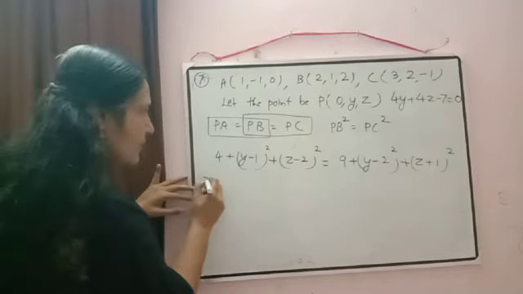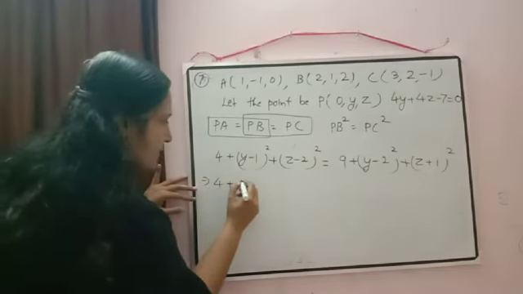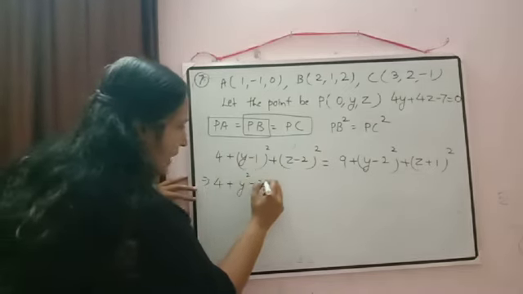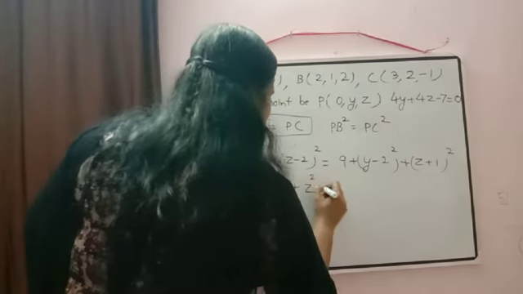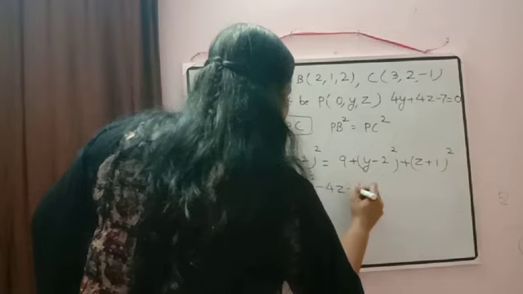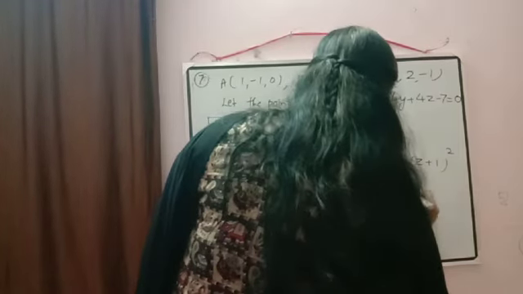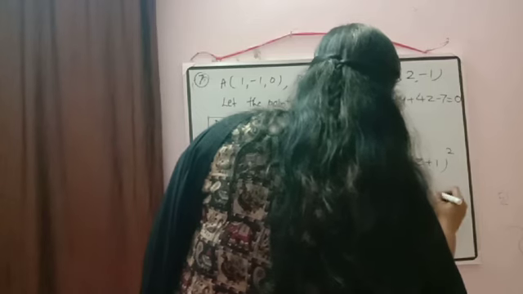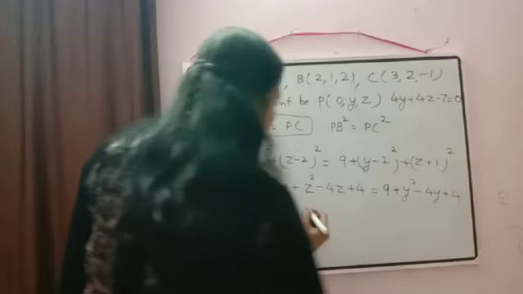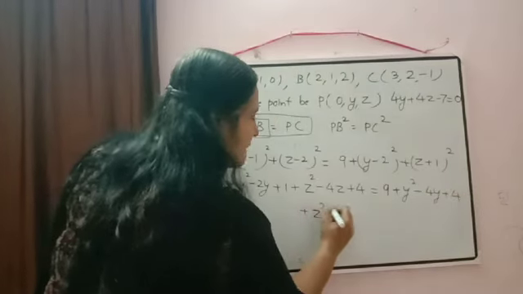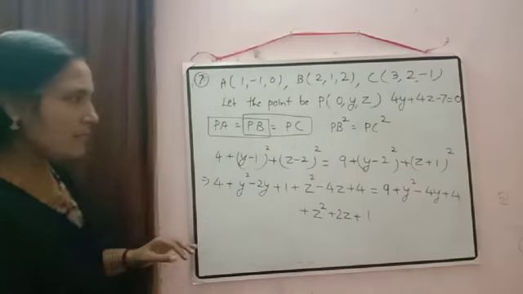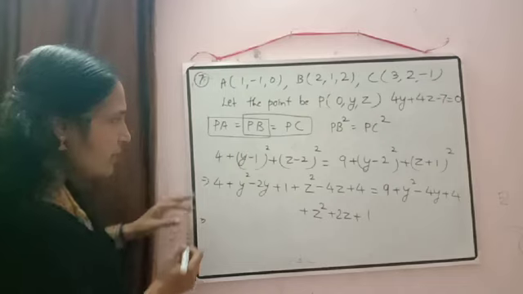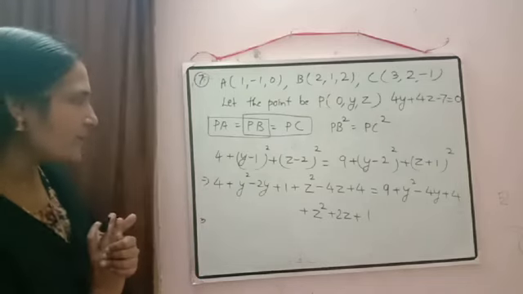Now we can simplify it. 4 plus y square minus 2y plus 1 plus z square minus 4z plus 4 is equal to 9 plus y square minus 4y plus 4 plus z square plus 2z plus 1. Now we can shift all the expressions to one side. Y square and z square are already cancelled.